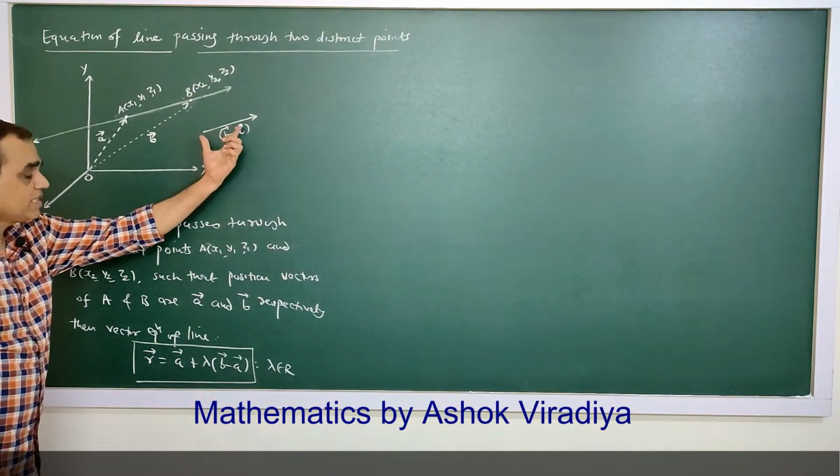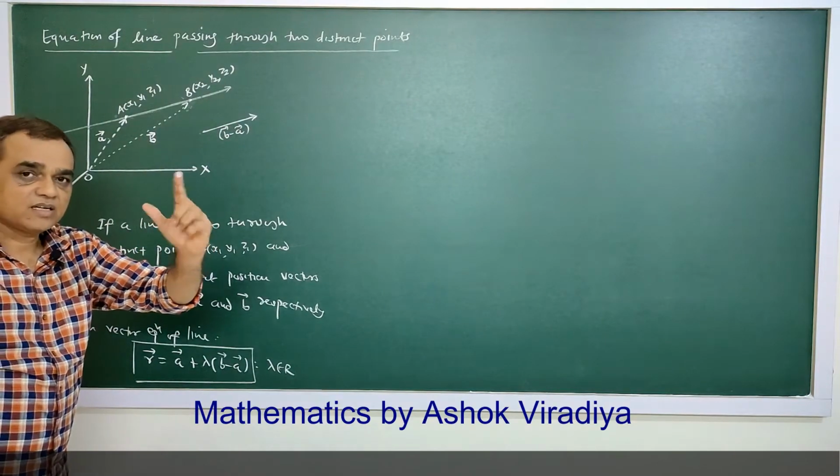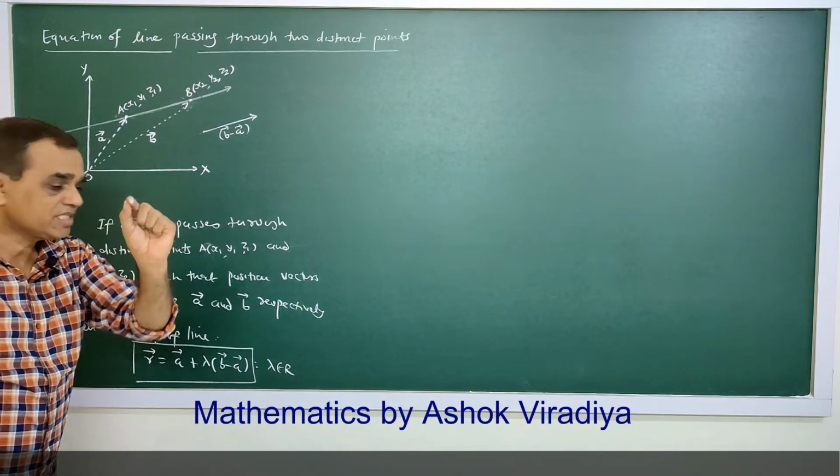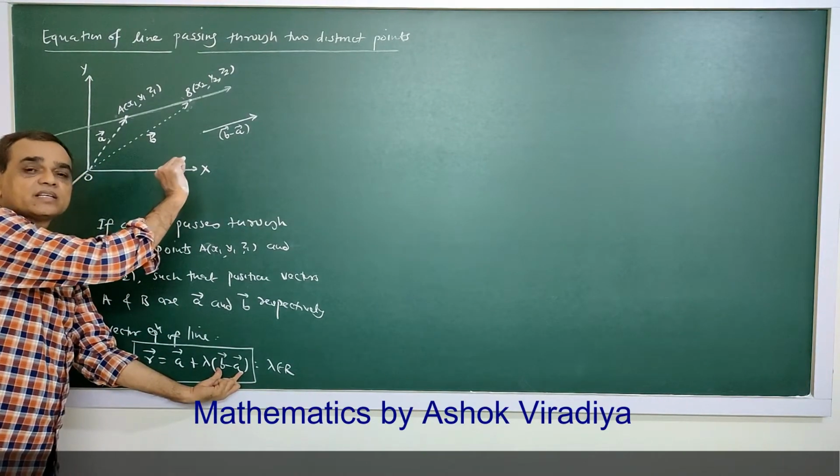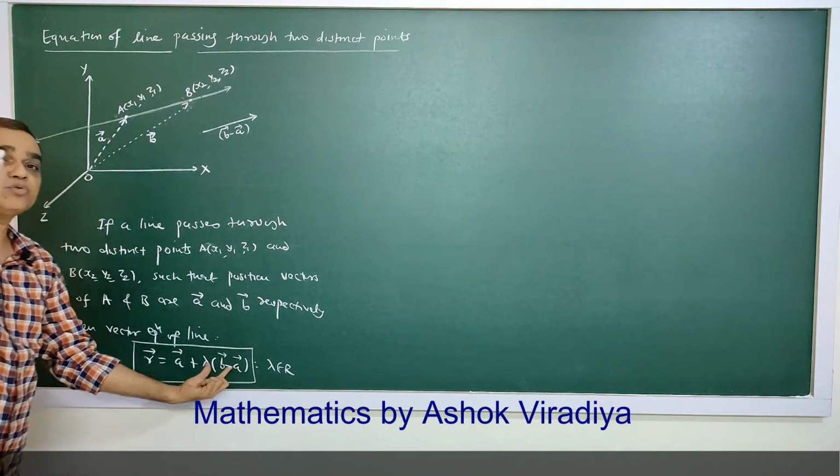So in the last theory, vector b is replaced by vector B minus vector A. Don't be confused by the symbols.